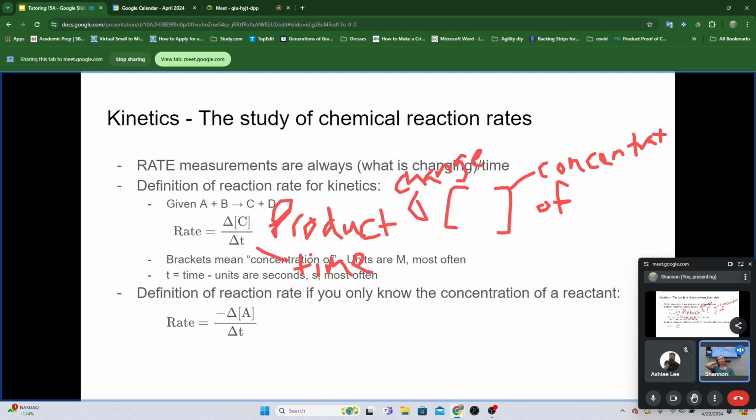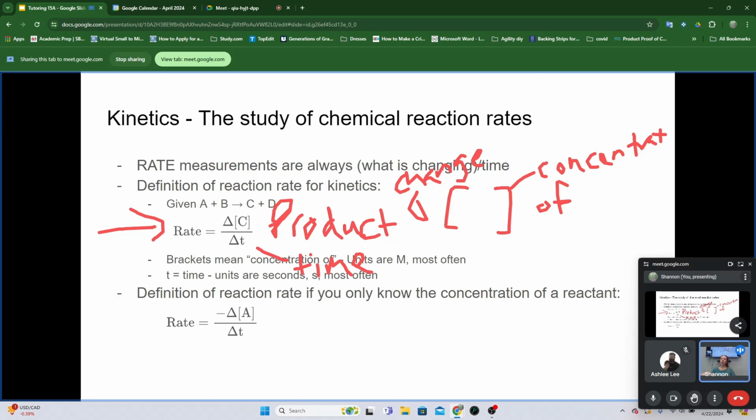And so when we are finding the rate, the rate is a positive measure, okay? And so for the products, in this first reaction here, it shows that it's a positive measure. What is the rate of creation of the product is what we're measuring.